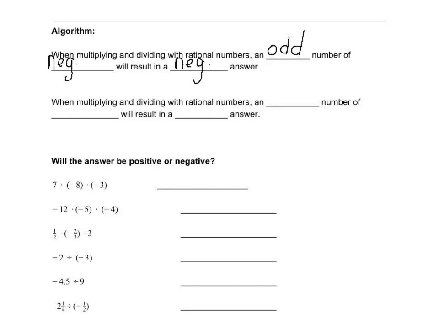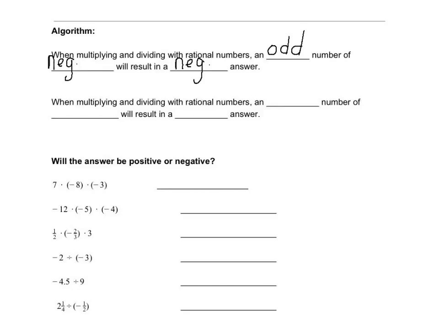So if I have one negative number, your answer is going to be negative. If I have three negative numbers, your answer is going to be negative. If I have five negative numbers, your answer is going to be negative. Notice 1, 3, and 5, those are odd numbers, so my final answer is negative.